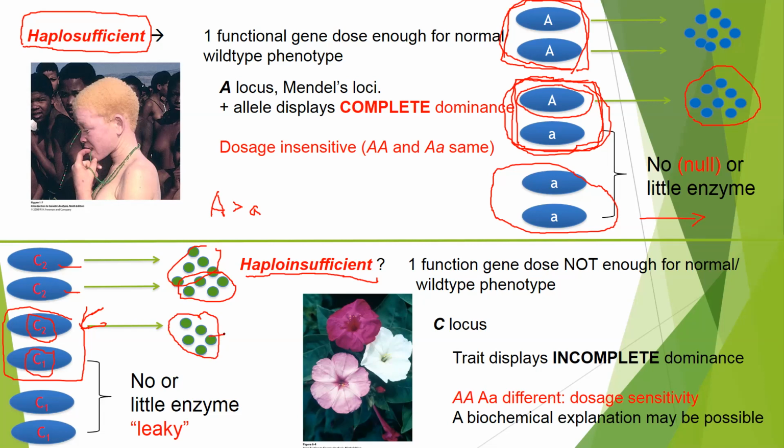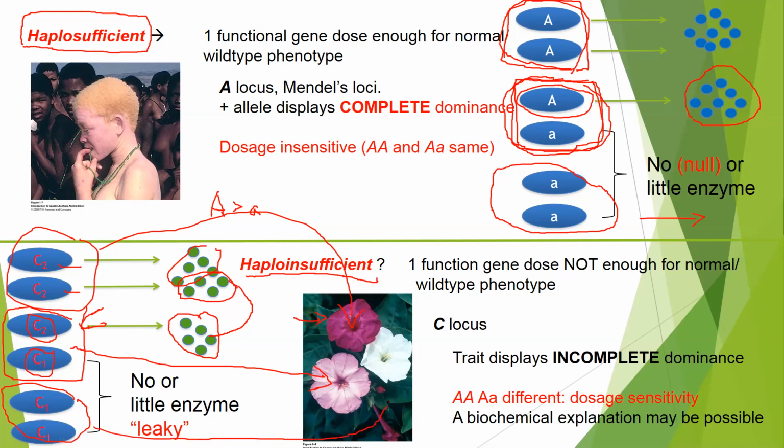But this 1 dose cannot lead to the same phenotype as 2 doses. That's why for the wild type, you're going to see a darker color in the flower petal. If you look at the heterozygous, it will give you some color, but not as dark as the homozygous, right? So if both alleles are mutants, it will not give you any color.